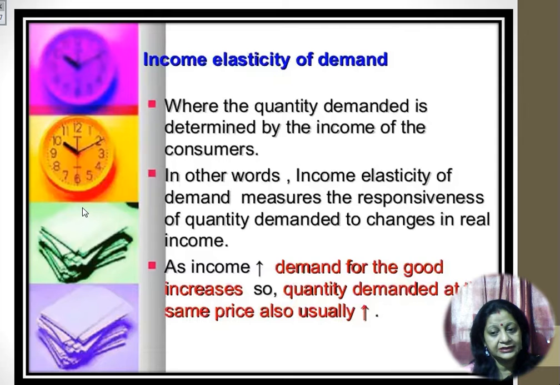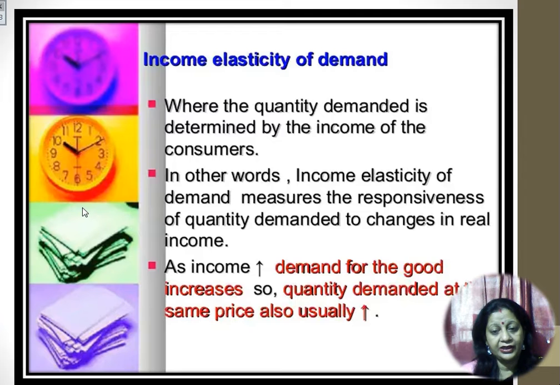That means as the income of Mr. A increases, he decides to purchase the car. And when he was earning a limited income, he had decided to purchase the motorbike. That means the income of the consumer is directly related with the quantity demanded of the commodity.